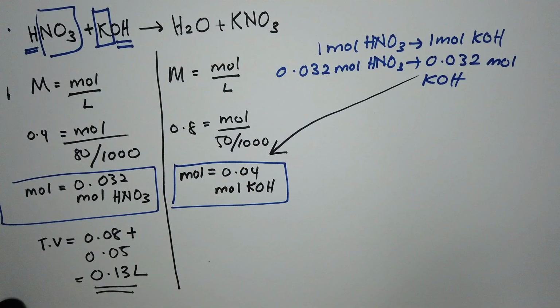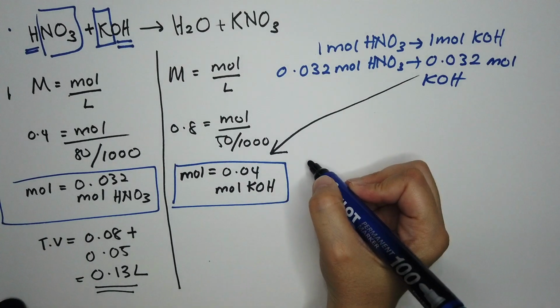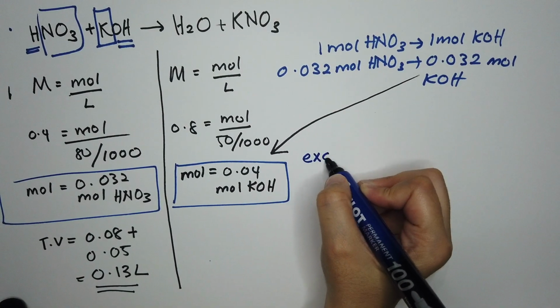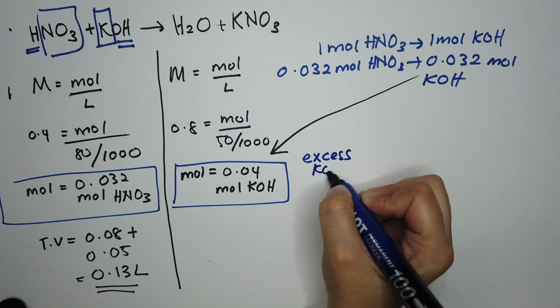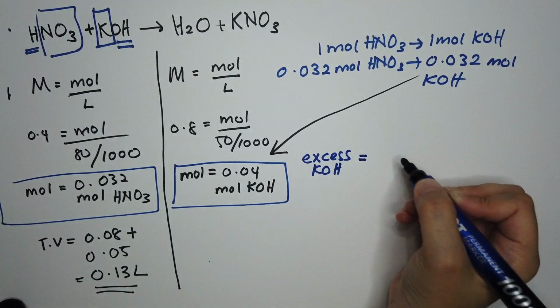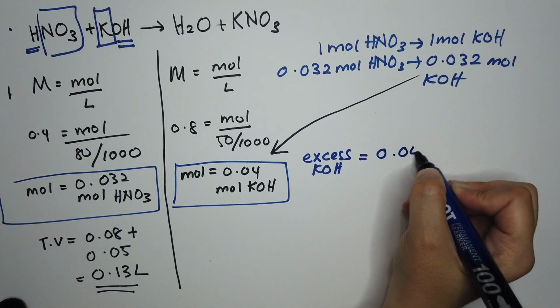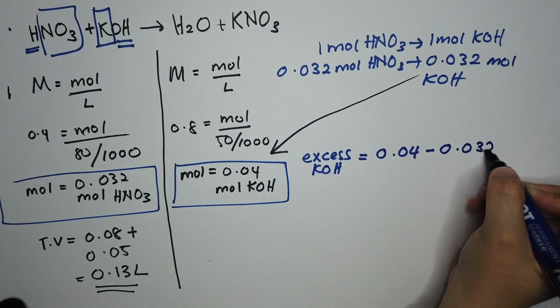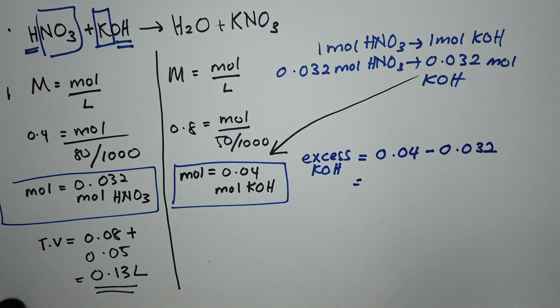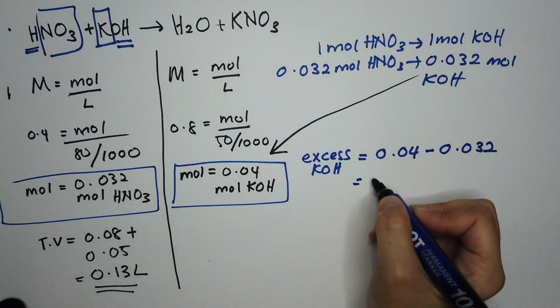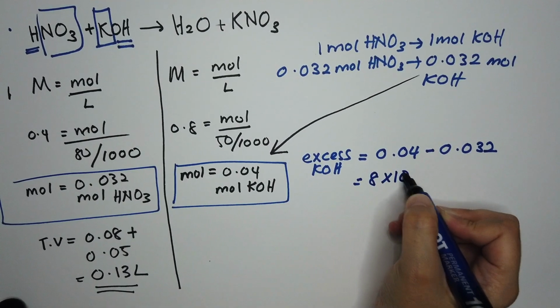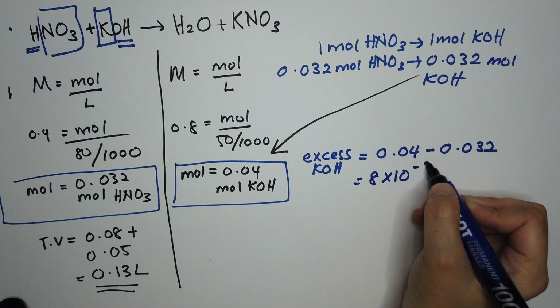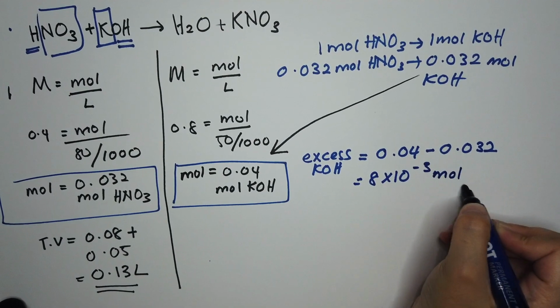So how much excess KOH do you have? The excess KOH is equivalent to 0.04 minus 0.032, which will be equivalent to 8 times 10 to the power of negative 3 mole.